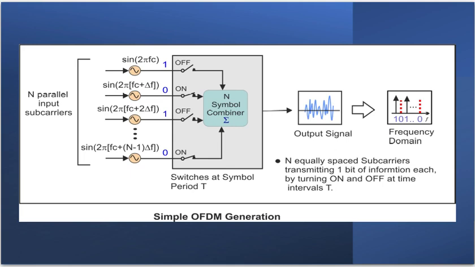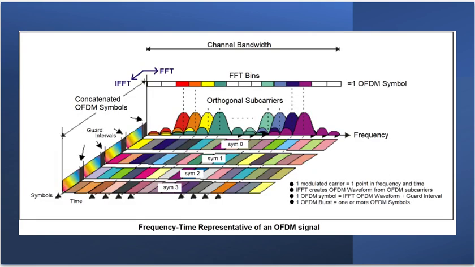Now, of course, all of this does have its problems, and the main problem is on the transmitter side, and that is something known as PAPR, peak to average power ratio. What do I mean by that? Well, when you take many sine waves and add them all up, what does that look like in time?